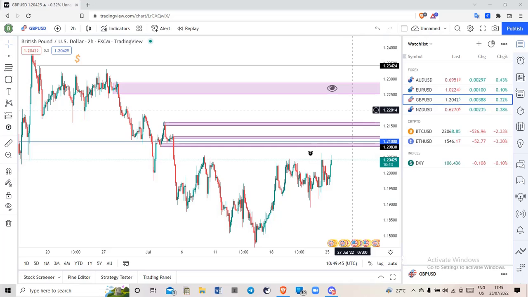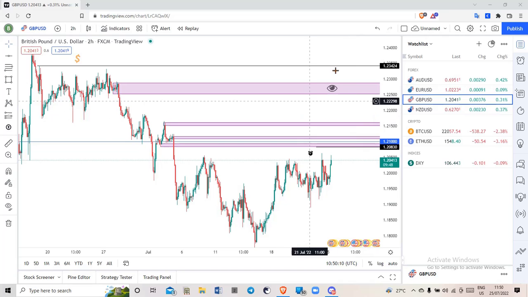Trend simply means the market is flowing to the upside at a particular time, or trending to the downside at a particular time. So we are going to be treating different market structures, which are the uptrend, the downtrend, and the sideways movement.